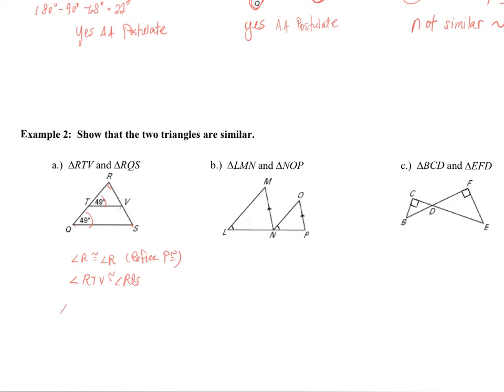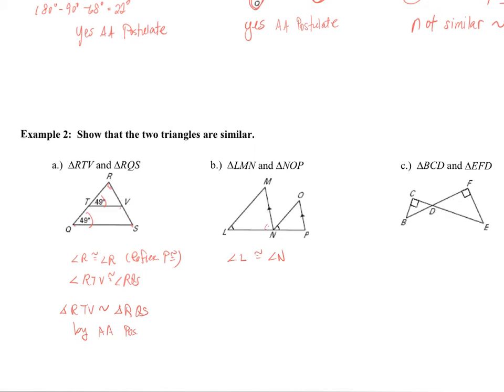So triangle RTV is similar to triangle RQS by the AA postulate.